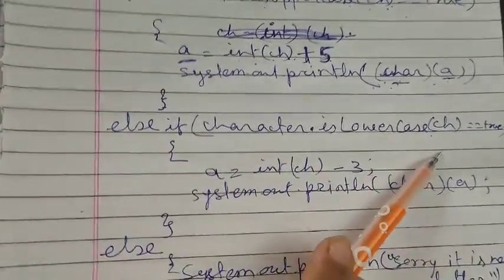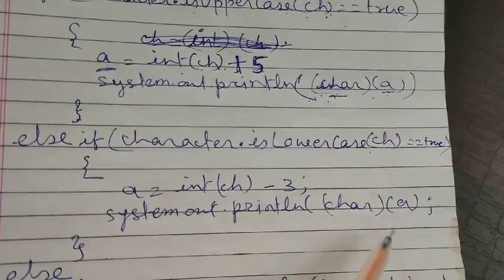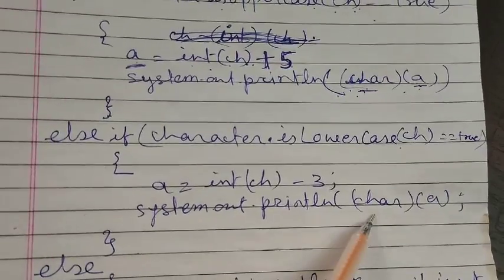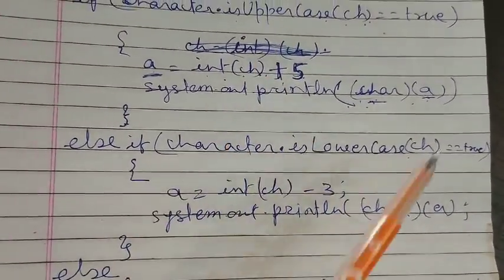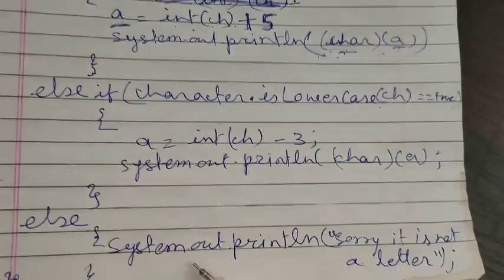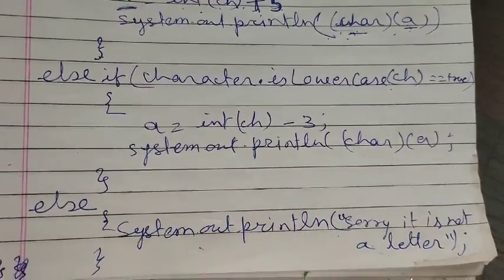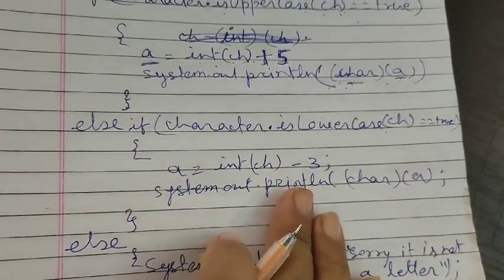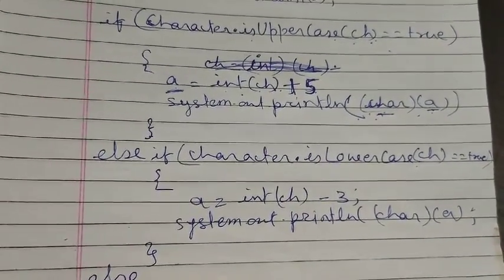Otherwise it will be checked for lowercase. If it is lowercase, then it subtracts 3, and whatever character has that ASCII value is printed. And if it is neither uppercase nor lowercase, then it prints the message, sorry, it is not a letter. So this is your one program. Now I will give you another program also.